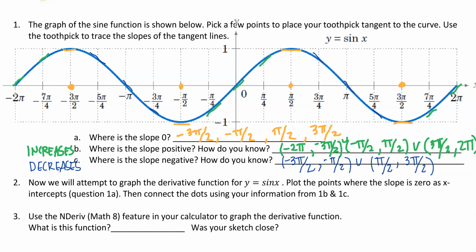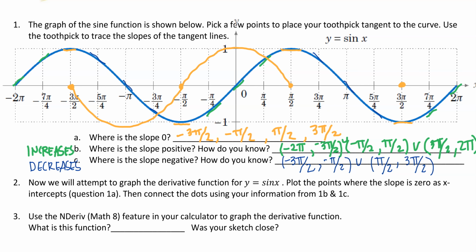But what is going to happen from negative 3 pi over 2 to negative pi over 2? What did we say the graph was doing? It's decreasing, so it's going to be where? Below. So it's going to be graphed under. Yep. All right, so what about from negative pi over 2 to a positive pi over 2? What is happening there? It's going to be increasing.